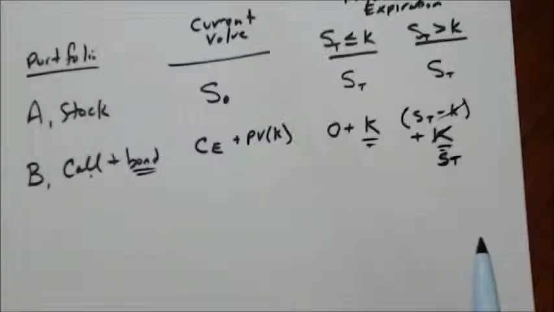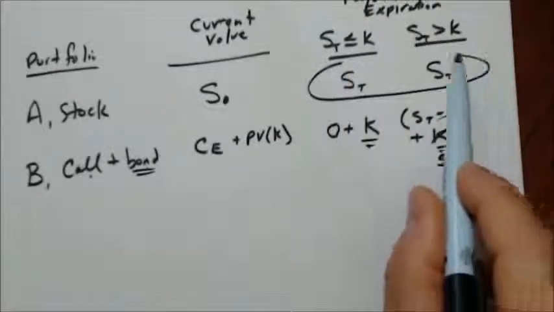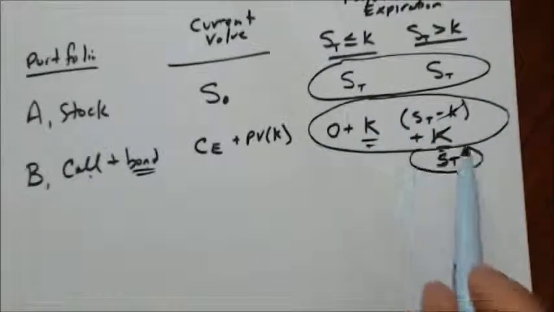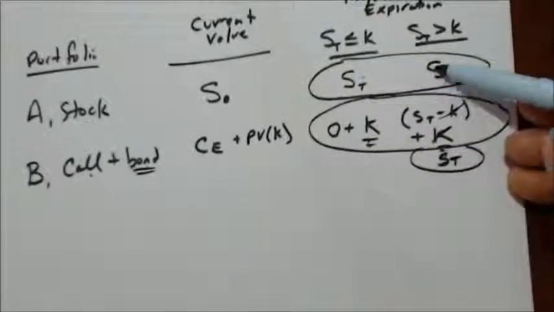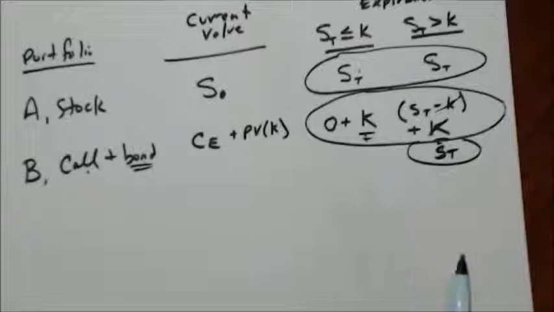Now we ask ourselves, which portfolio is more valuable? And we do that by focusing and comparing these two rows. Oops, I should include that guy there. These two rows, and look at it on a case-by-case situation. One case being below the strike, above the strike.